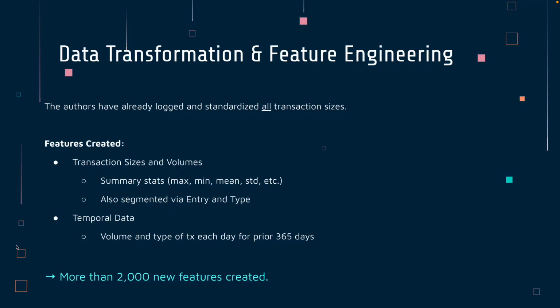And then for each combination of entry and type, we created 365 associated columns to coincide with the transactions, to see if we could get any kind of temporal data as features, and to see the occurrence of different transactions throughout those days.